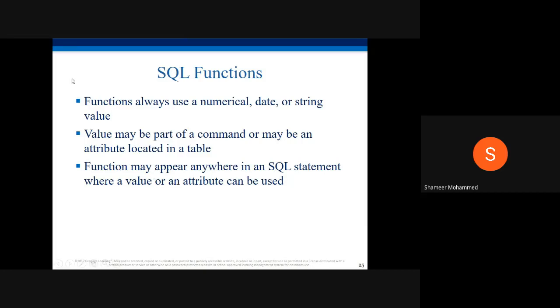So what are the functions? The functions are numerical, date functions, string functions, right? So these are all the commands you can use to find the data in your table. And you can write them in any place inside the SQL statement. Let us see what they are.